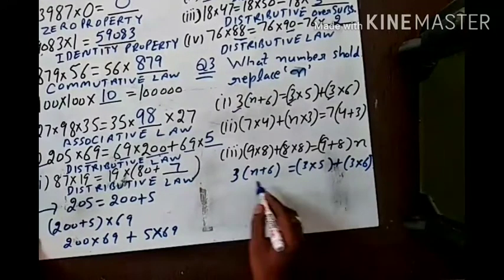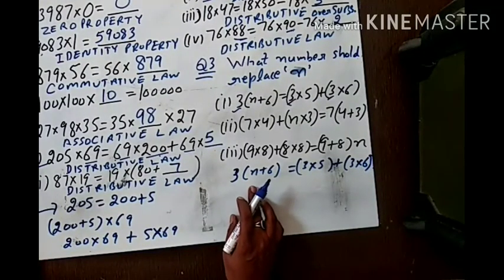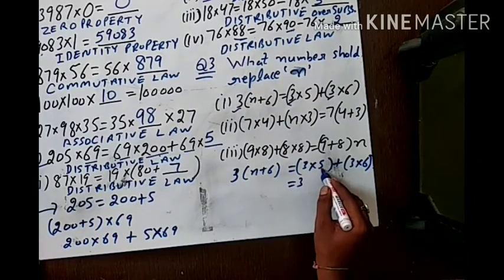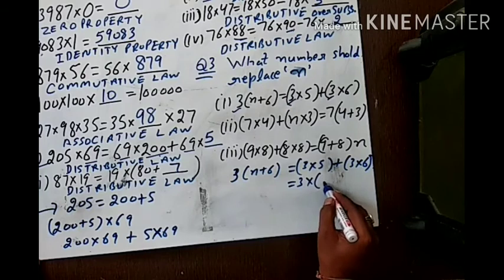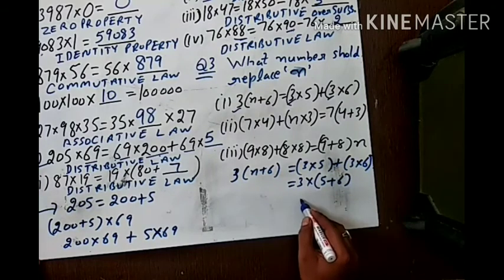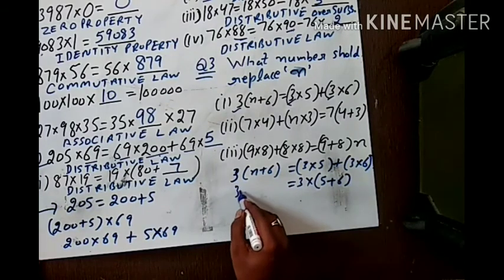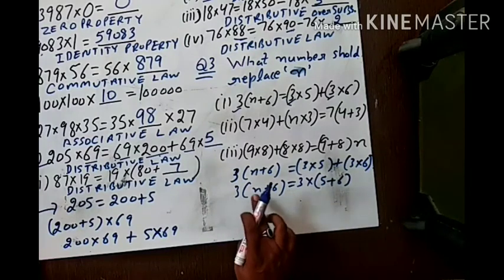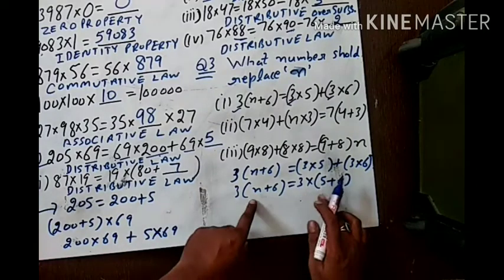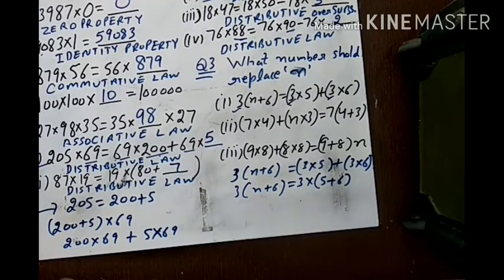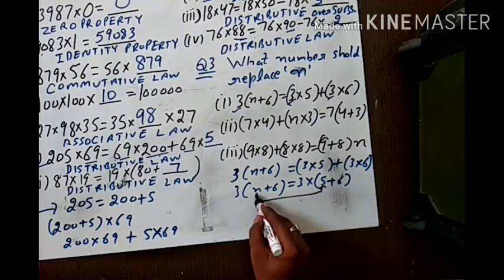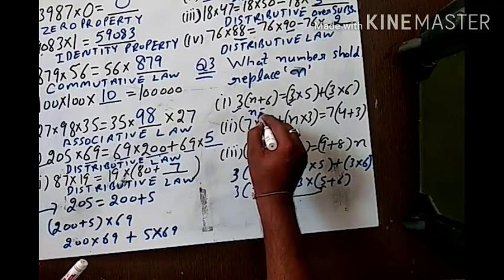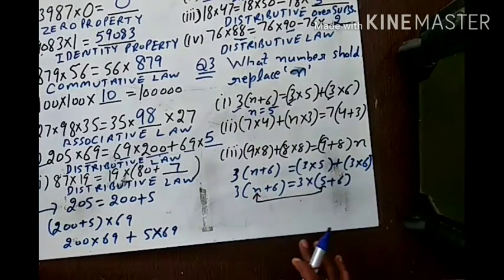I will apply the distributive property: 3 multiply 5 plus 6. So here is 6, 6 is there, 3 is there. In place of n, if we compare, the n is 5. Therefore, my answer is n is equal to 5. I will write here n is equal to 5 under this explanation.